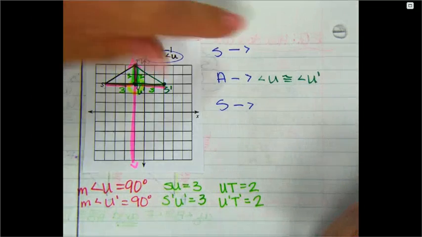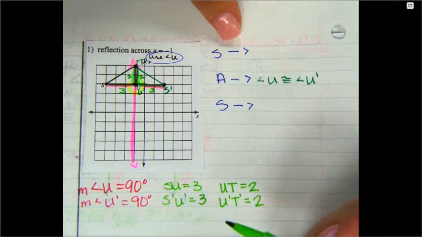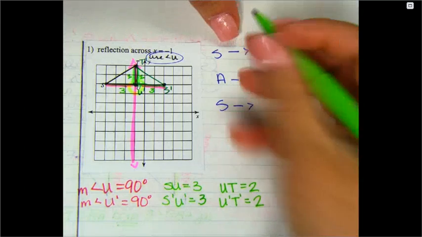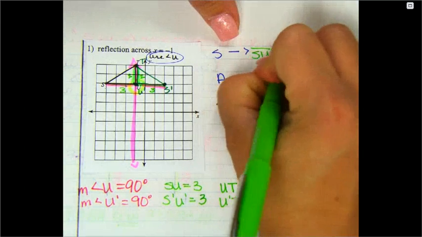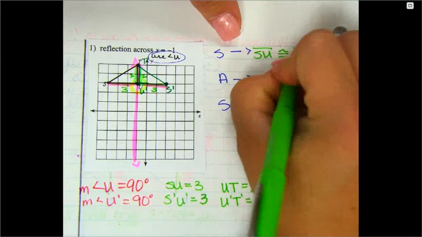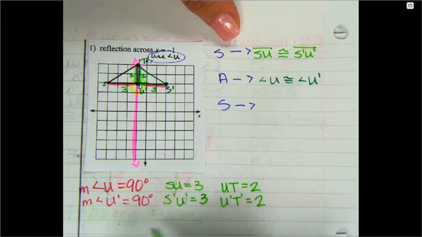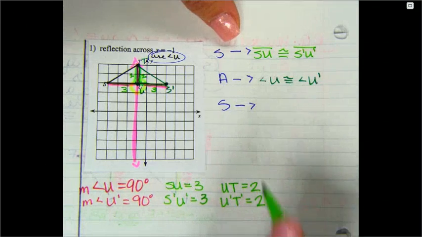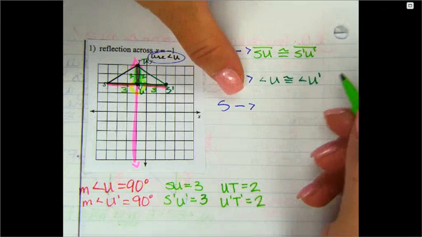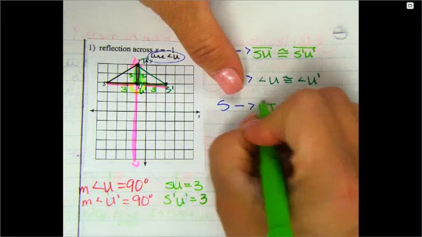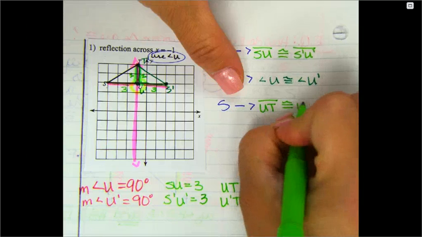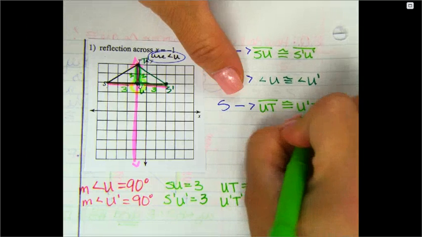All right, so now let's go ahead and list our sides. What side am I using? SU. So segment SU is congruent to segment S prime, U prime. Good. You already did the work. It's all right here. Do you see it? So now all we're doing is taking this, since it works, and putting it up here. So what's my second side? UT, which is congruent to U prime, T prime.